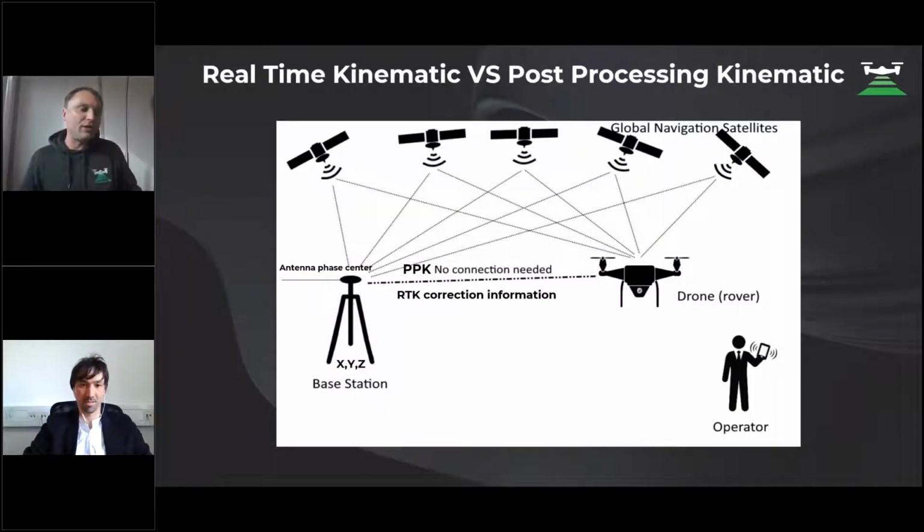And before showing you real projects, I would like to talk why we choose PPK technology. You know that there are two different technology. First of all, it's real-time kinematic RTK technology, and the second one technology is post-processing kinematic.